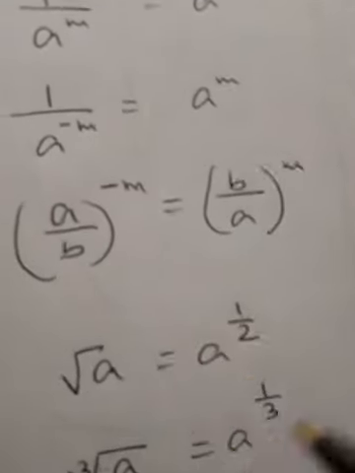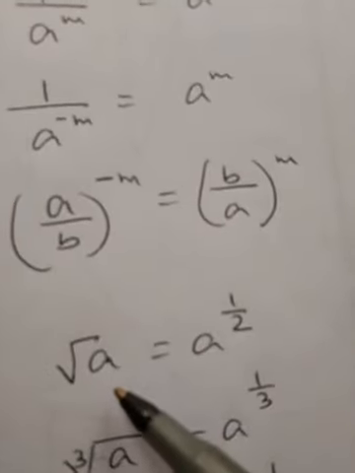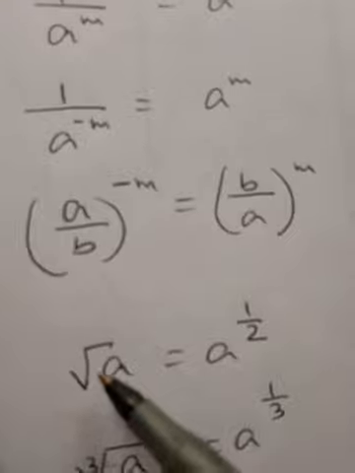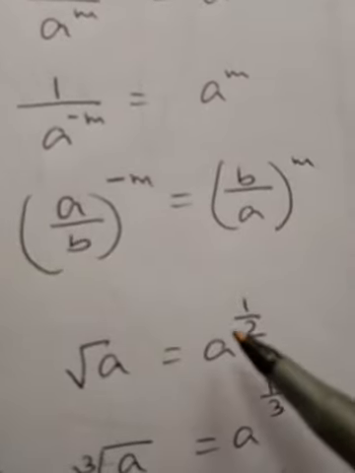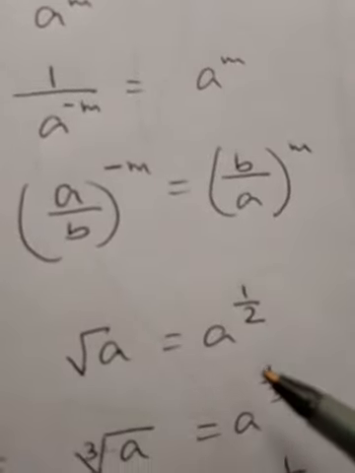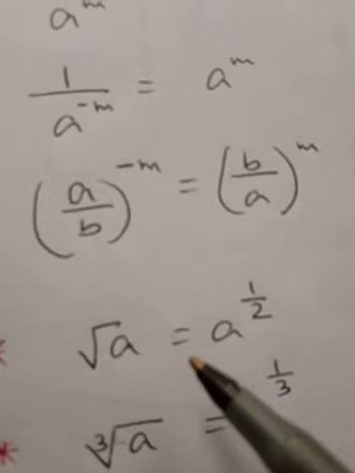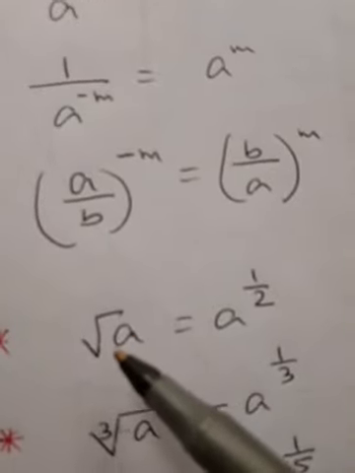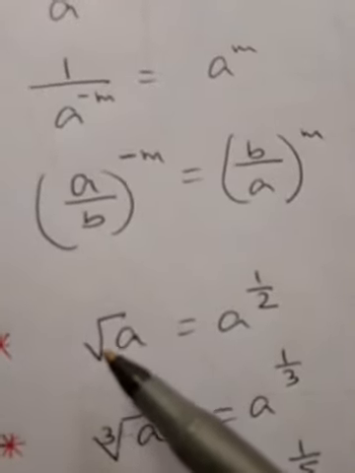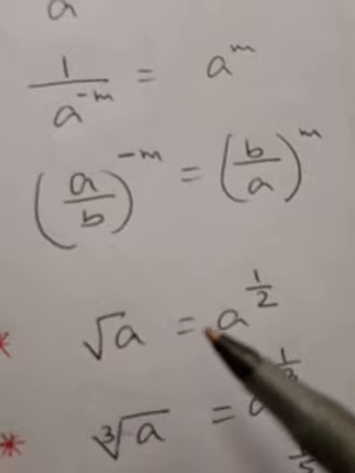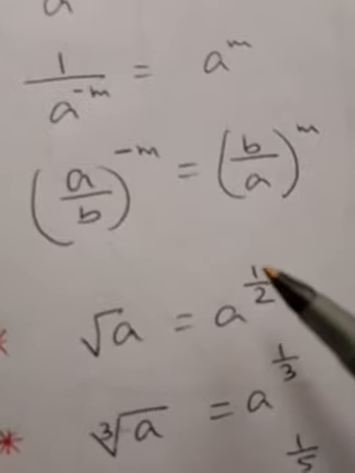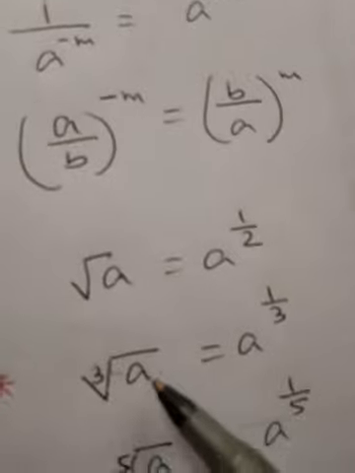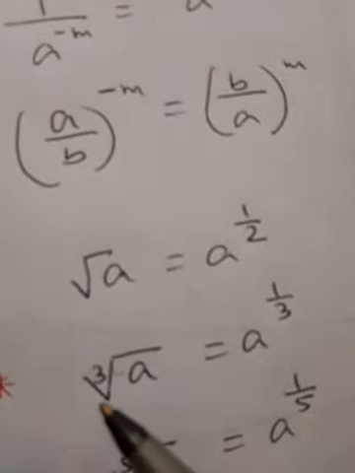Next, about this root over a, we discussed it in the last class. Root over a we can write as a to the power 1 by 2. Now remember, this is called the square root. Square root means a to the power 1 by 2. Now this is called the cube root.